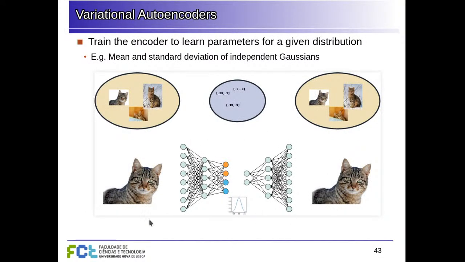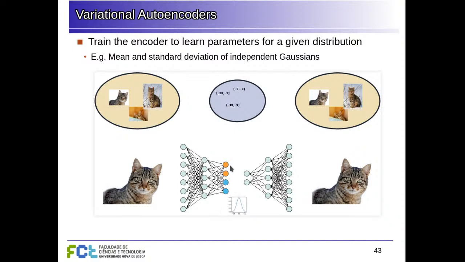So let's imagine this architecture where we input the image of a cat and we have this latent representation here that is computing the mean and the standard deviation of different Gaussian curves. So for example, these two circles here would be the mean and the standard deviation of one curve, and these two would be the mean and the standard deviation of a second Gaussian.